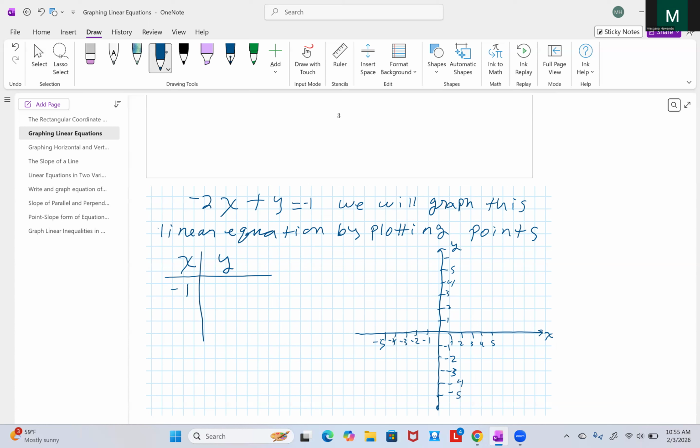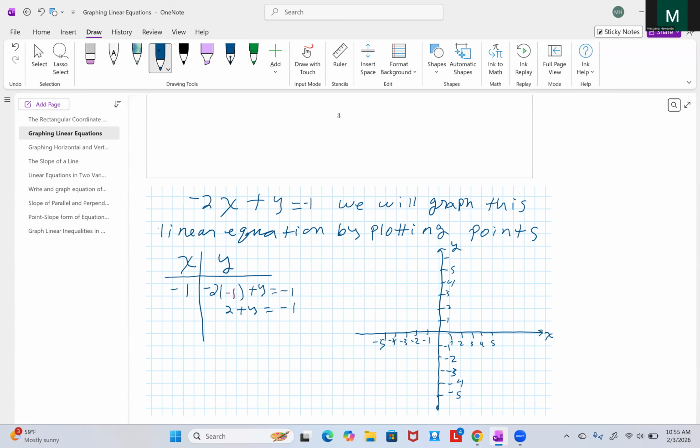So we replace x by -1: -2 times -1 plus y is equal to -1. We evaluate: -2 times -1 is 2, plus y is equal to -1.